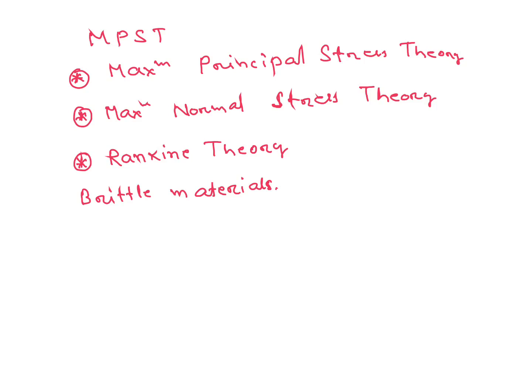And here the material will fail when the maximum of sigma 1, sigma 2, sigma 3 equals ultimate stress. For brittle materials, failure stress is ultimate stress.